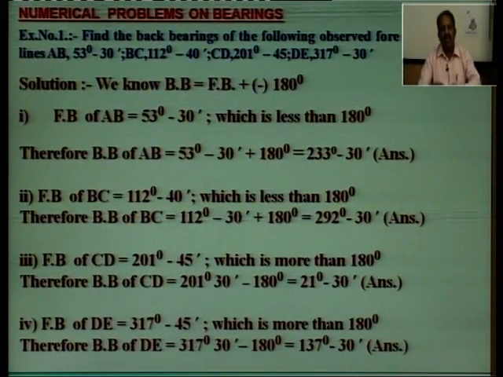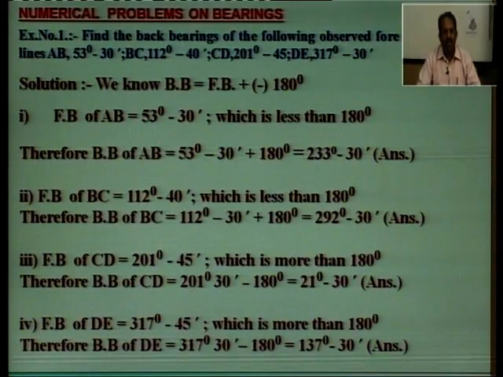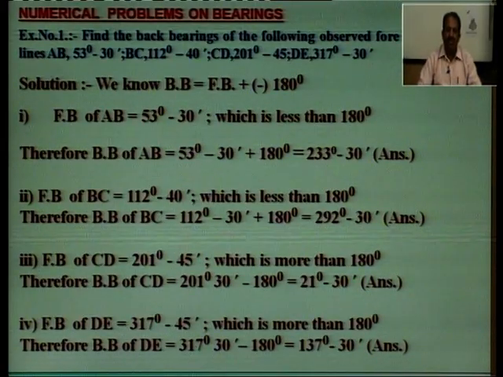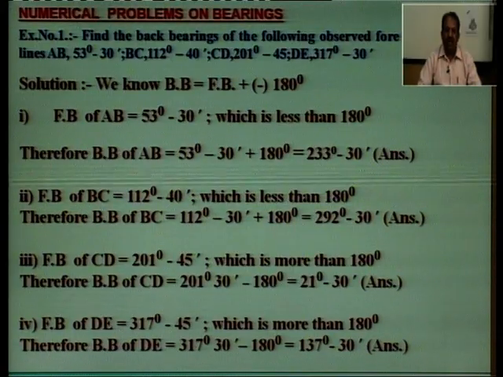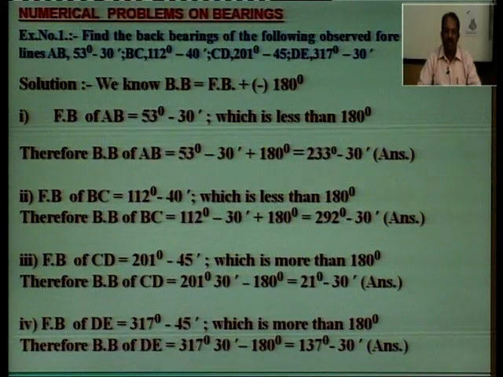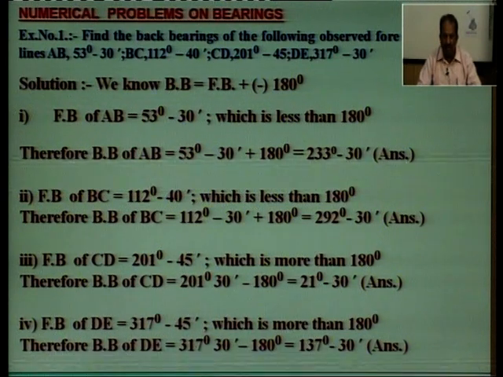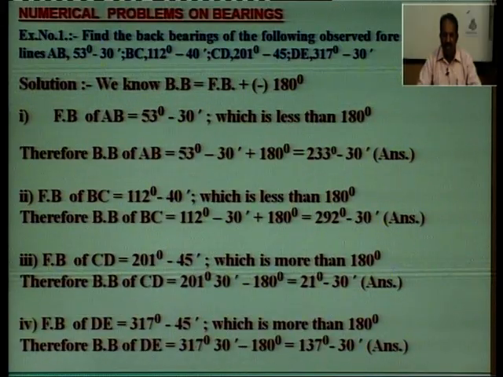So, we have a numerical problem as shown on your monitor screen. Find the back bearings of the following observed fore bearings of the lines: AB 53 degrees 30 minutes, BC 112 degrees 40 minutes, CD 201 degrees 45 minutes, DE 317 degrees 30 minutes.